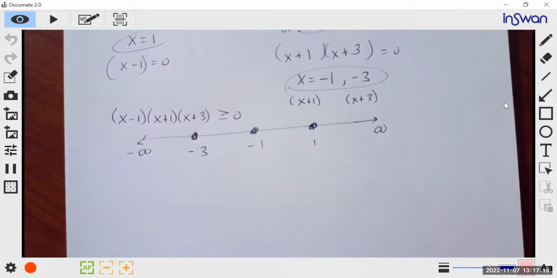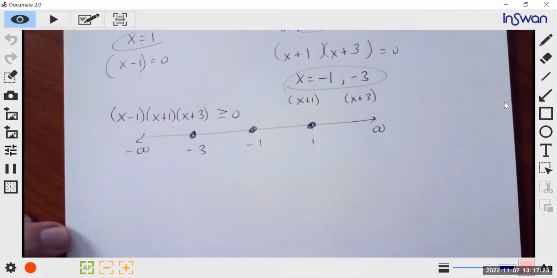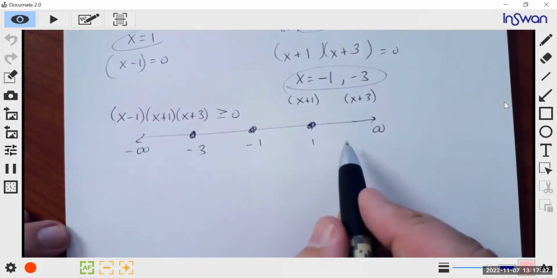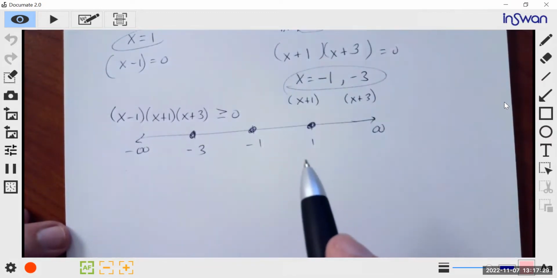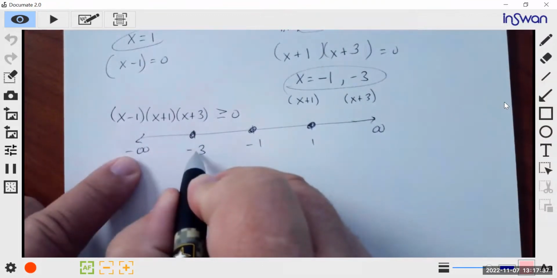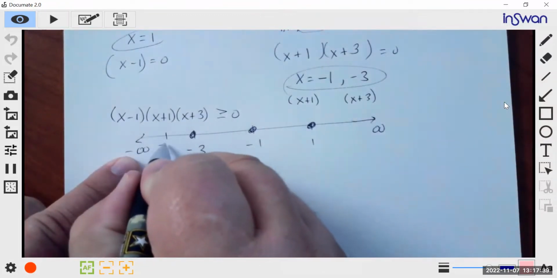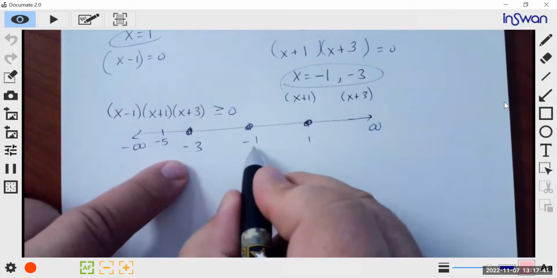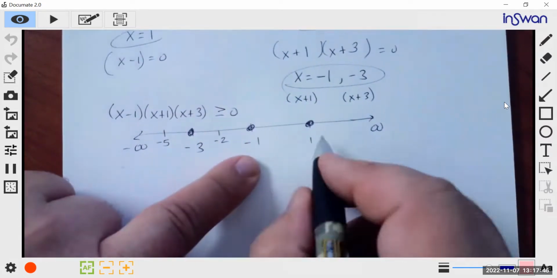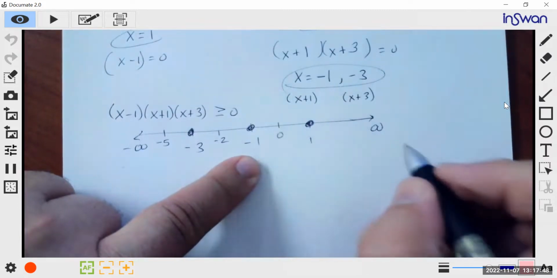Everybody follow me so far, what I'm doing? So I found my critical values. Now what do I do? I pick some points, exactly. Less than -3, I put -5. Between -3 and -1, I put -2. Between -1 and 1, I put 0.